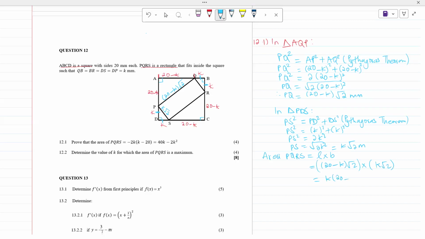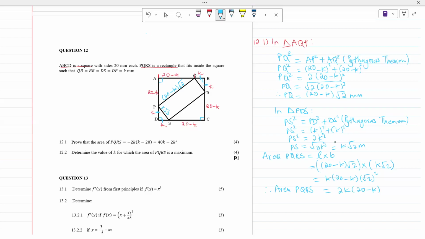And therefore, this will give me the area of PQRS will be equal to 2K times 20 minus K. And if I like, I can factorize the negative from this bracket here.